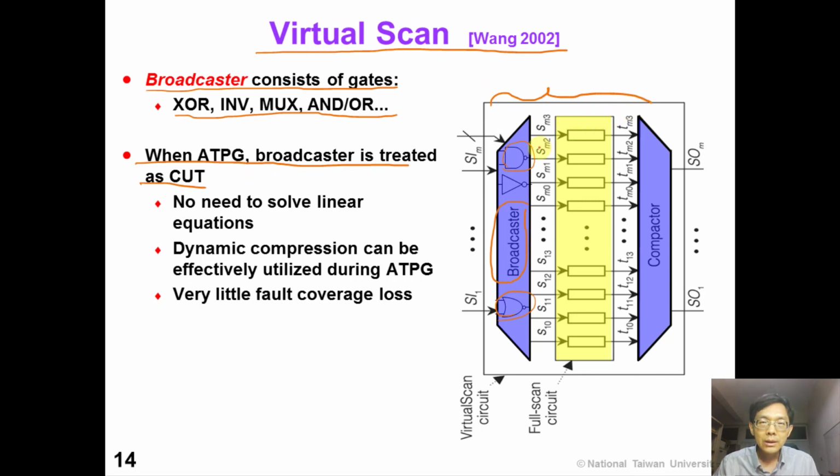So we generate test patterns for CUT and the broadcaster together. There are 3 advantages of doing this. First, we don't need to solve any linear equation. Second, we can use dynamic test compression to effectively reduce the test pattern count. And third, according to Dr. Wang's experiment, the fault coverage loss is very little.